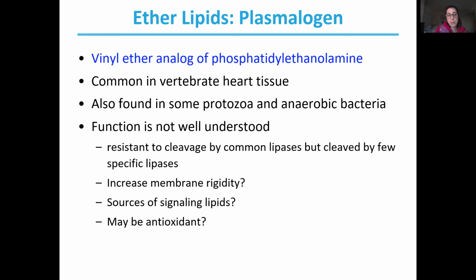While their function is not very well understood, we know that they are there and again, common in certain tissues. It could be that they are there in those tissues because they are not as easily broken down or cleaved by very special proteins called lipases that cleave apart lipids.